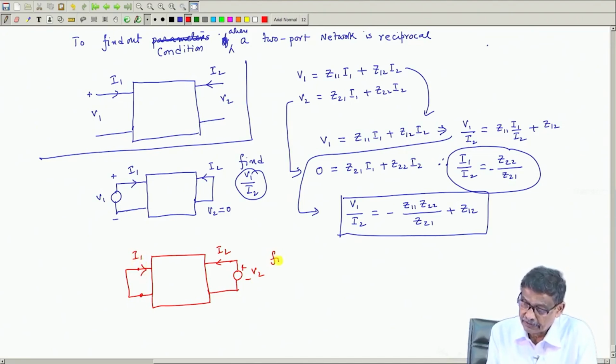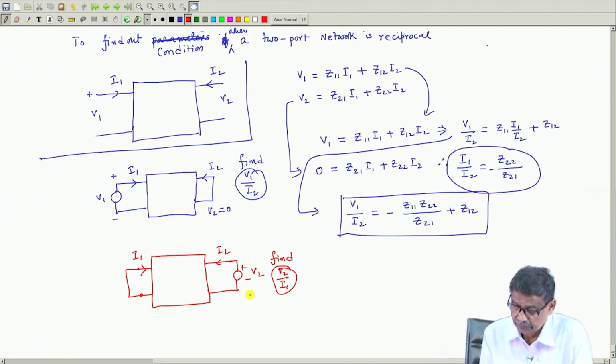Now find under this condition V2 by I1, this ratio to be found out, and then eventually I will equate this with the earlier one for the network to be reciprocal.